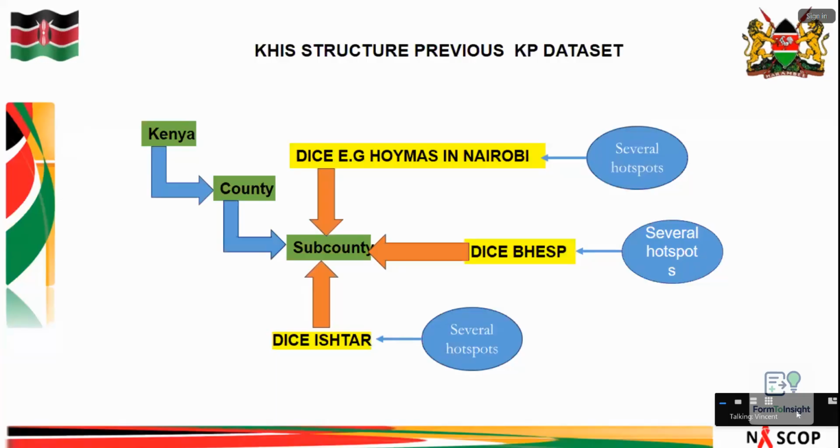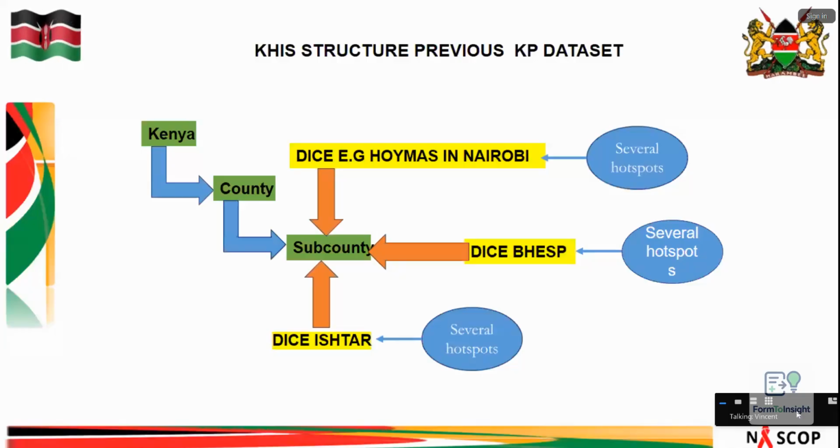Like if I may give an example of Hoimas doing 14 sub-counties of Nairobi, they could report at Starehe, Dagoretti, and even Madare or any other sub-county that they were implementing in. This could be acting like a virtual DICE.